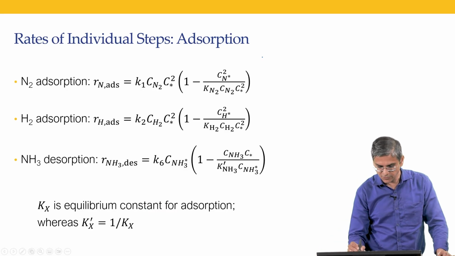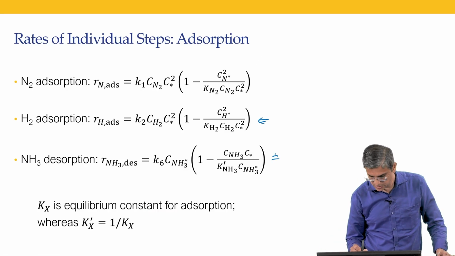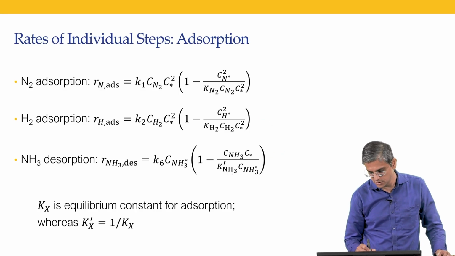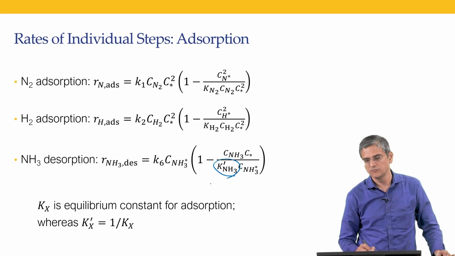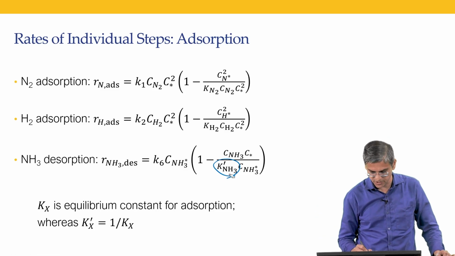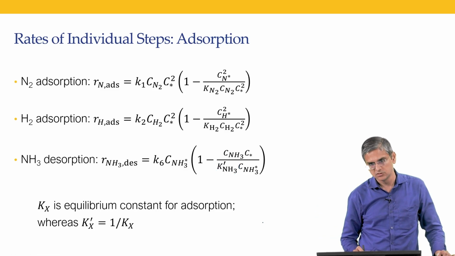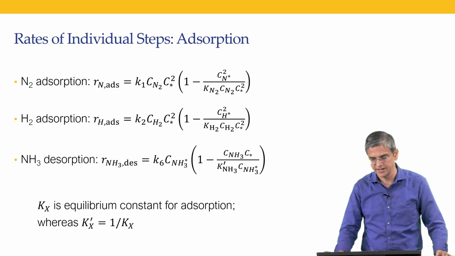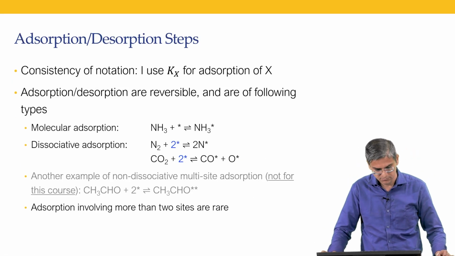Likewise hydrogen adsorption, likewise ammonia desorption or adsorption. K dash NH3 is nothing but 1 by K NH3. So, if it was K NH3, it will come in the numerator in the desorption reaction. That is all this particular slide is saying, it is just summarizing all the things that we have done so far.